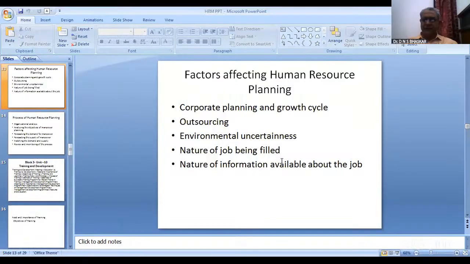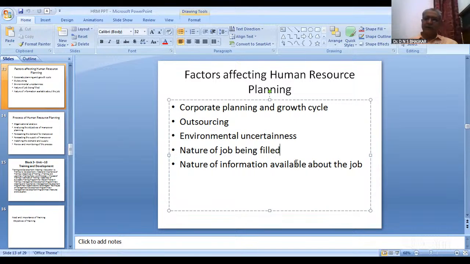Employees normally don't like it. Even if some employees are terminated, definitely it will have a severe effect on organizational motivation. So normally organizations don't want to.